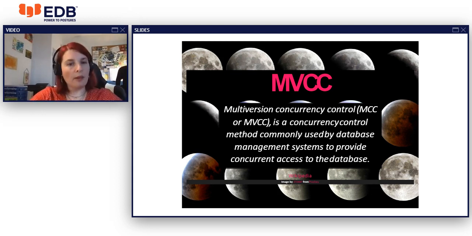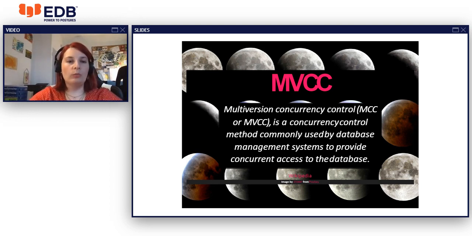So let's take a step back and look at some other concepts. I won't have the time to explain everything to you, but I hope that you will have enough to understand what I mean. MVCC, multi-version concurrency control, is a concurrency control method commonly used by database management systems to provide concurrent access to the database.